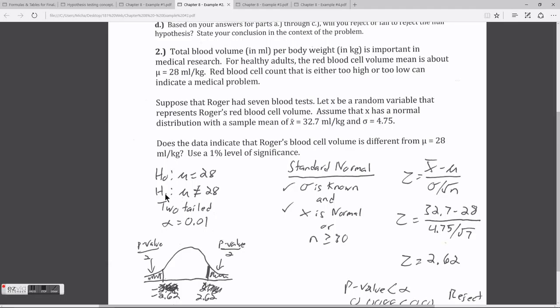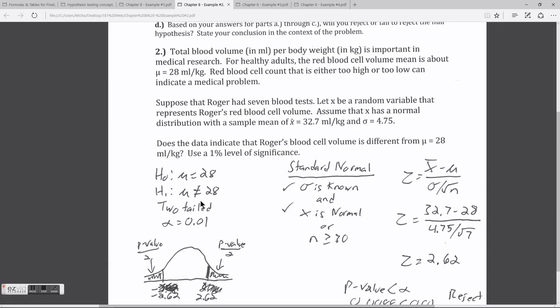So for this hypothesis test, my alternate hypothesis is going to be that mu is not equal to 28. I'm not going to judge whether it's high or low, I just want to know if it's different. Now we can tell from our sample mean that, if anything, Roger's blood cell volume is probably on the high side.